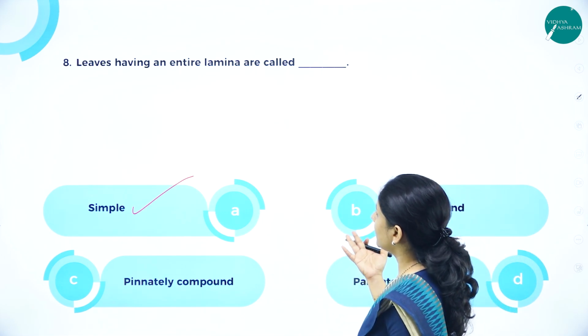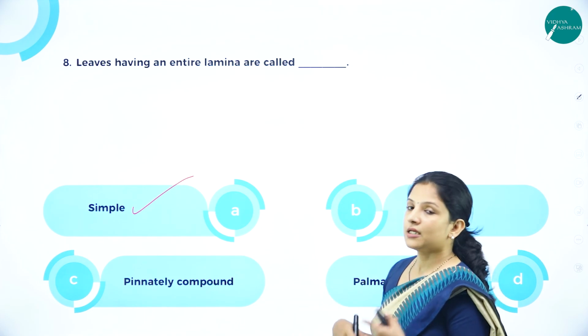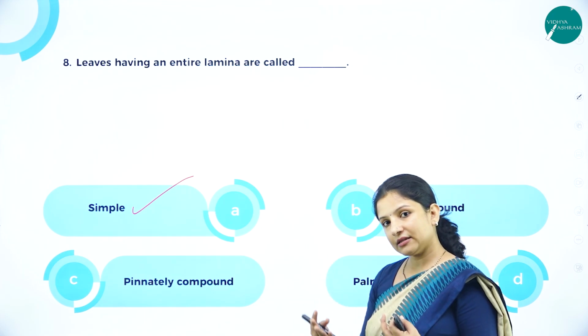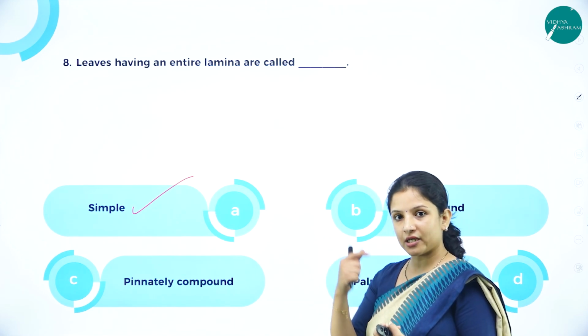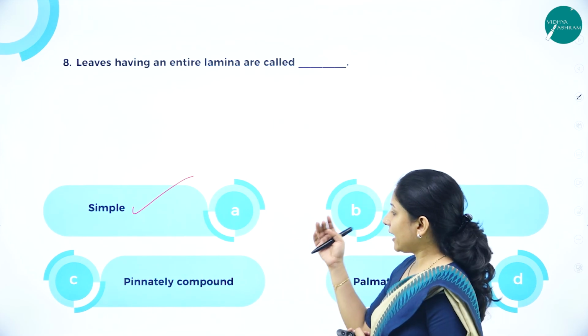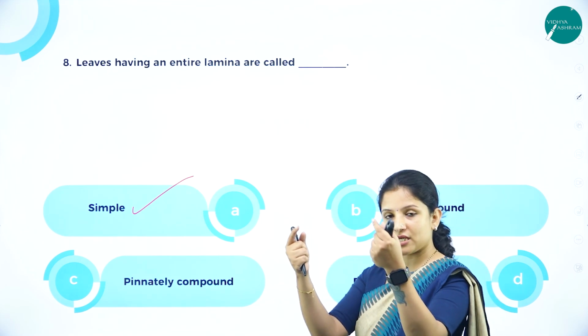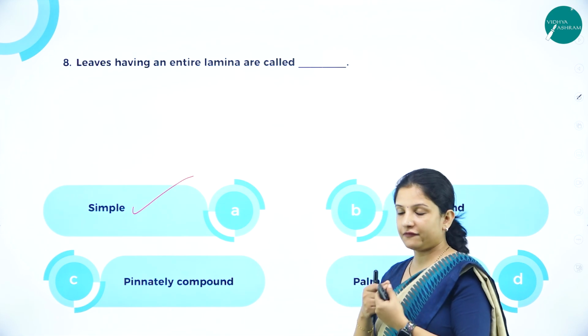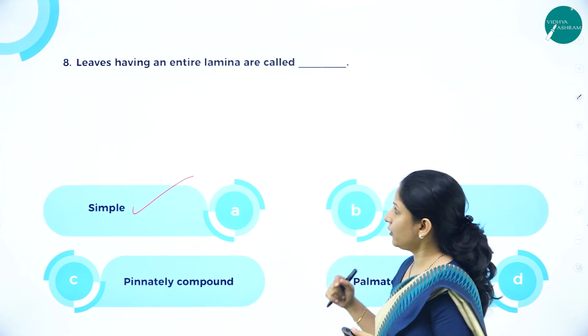Leaves having leaflets are called compound leaves. Leaves having leaflets which arise from the tip of the petiole are called palmately compound leaves, and leaves having leaflets arranged along the midrib, forming small leaflets, are the pinnately compound leaves.